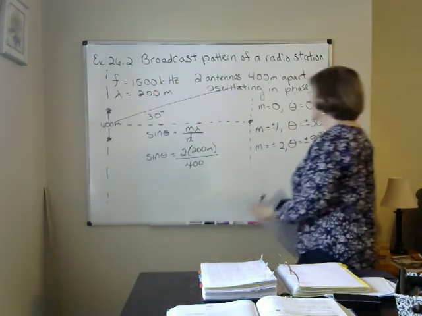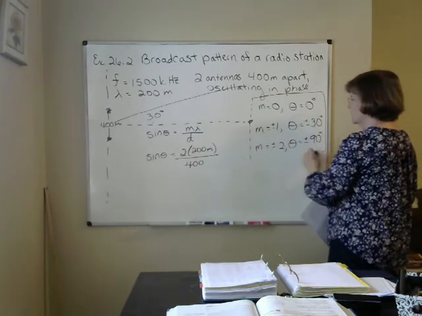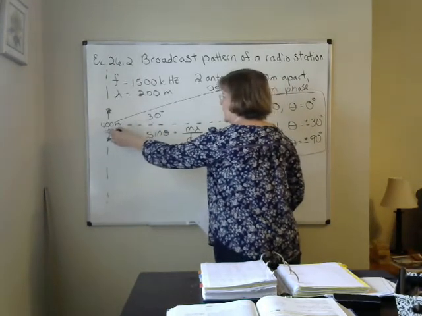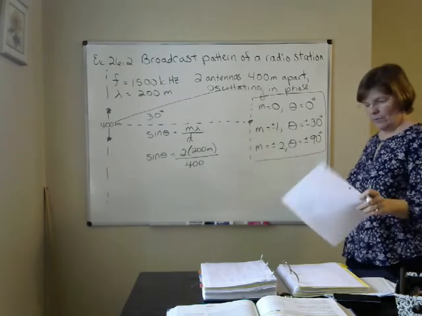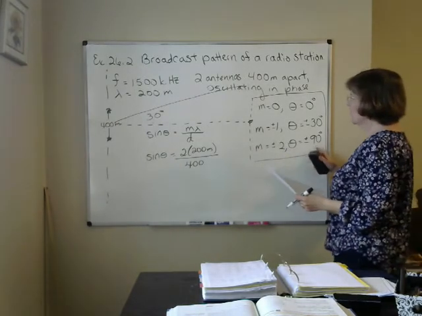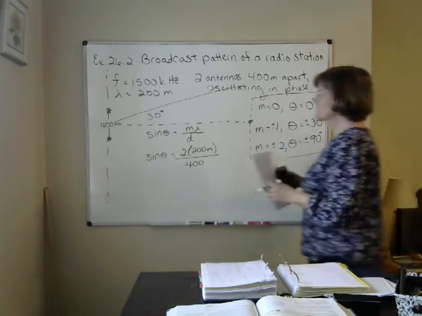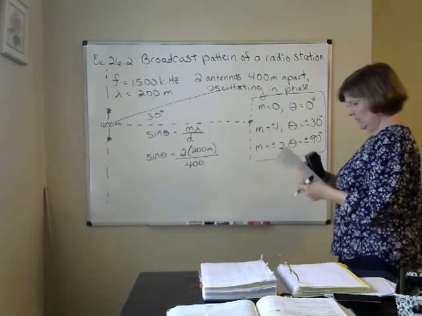Now, those are the right answers, but do remember they're only really valid if you are far away. It's not going to be valid if you're standing up in here somewhere. But if you're far away, much farther than 400 meters, those are going to be the directions where you get a peak signal. Obviously, they're reflected on the opposite side too over there.